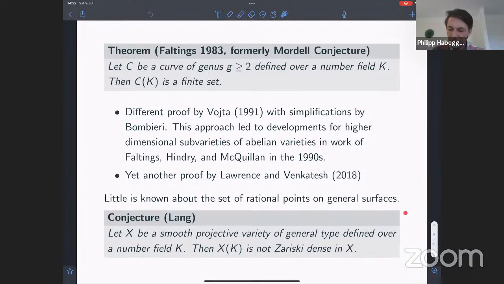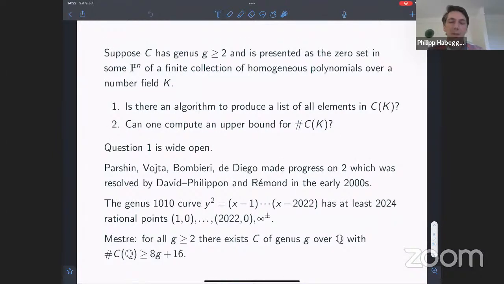But there's a conjecture by Lang that expects that the set of K-rational points is not Zariski dense if the variety is a smooth projective variety of general type. General type is the higher dimensional analog of genus at least 2. So in dimension beyond 1, not much is known in general. I'll stick to the dimension 1 case for the remainder of the talk.